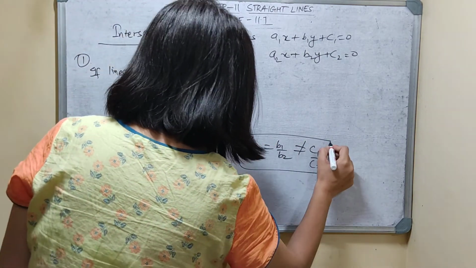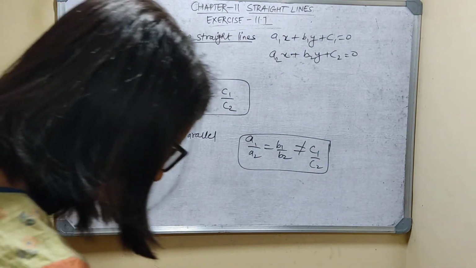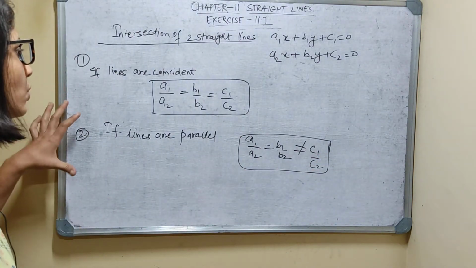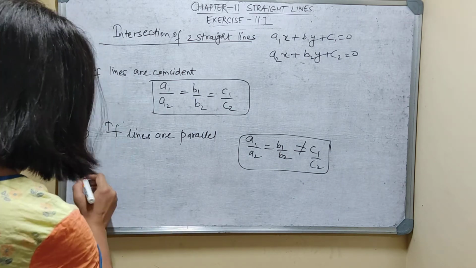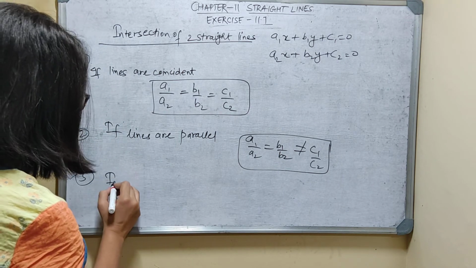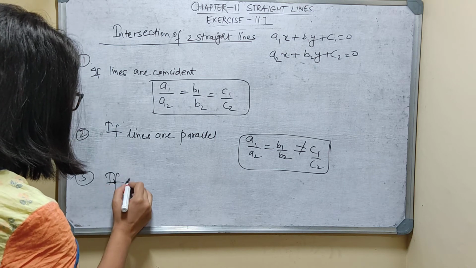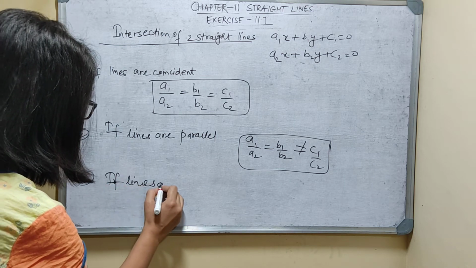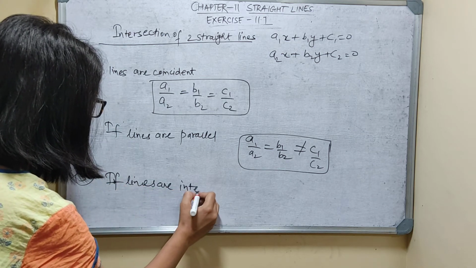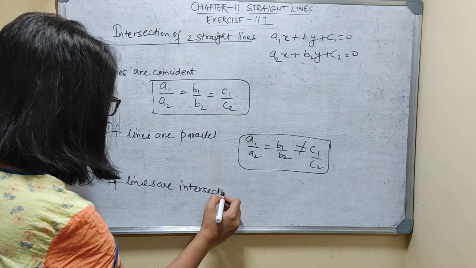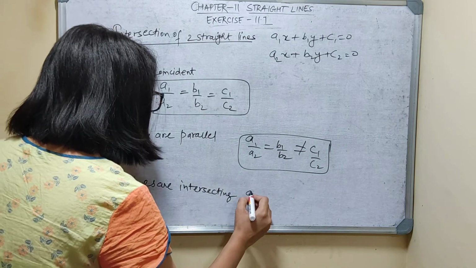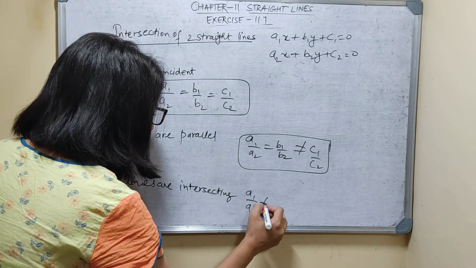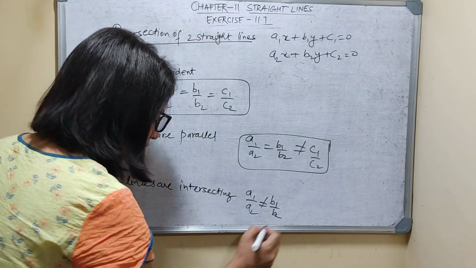These are the conditions for two lines to be coincident, to be parallel, and when they are intersecting. Third, if lines are intersecting, in this case, a1 upon a2 is not equal to b1 upon b2.